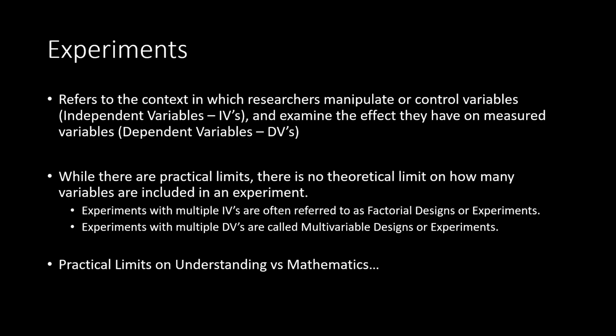Now, a lot of experiments are conducted at this level. That being said, there aren't really any theoretical limits on how many variables a person could include in their experiment. So you could have all different types of independent variables and look at how that impacted stress, for example.